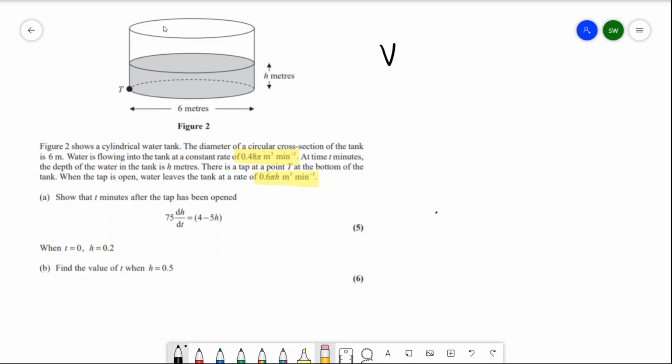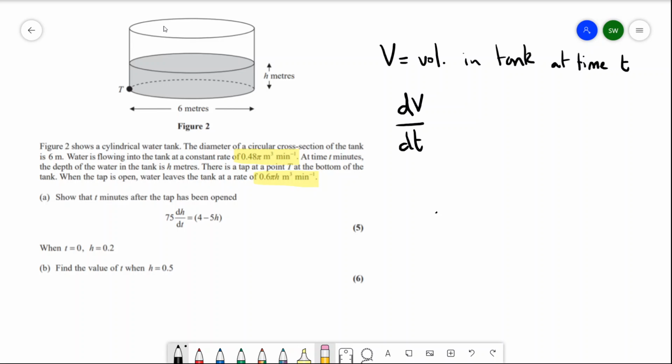Okay, so I'm going to say V is the volume in the tank at a given time t, and these two highlighted pieces of information here are to do with the rate of change of volume with time, so dV by dt.